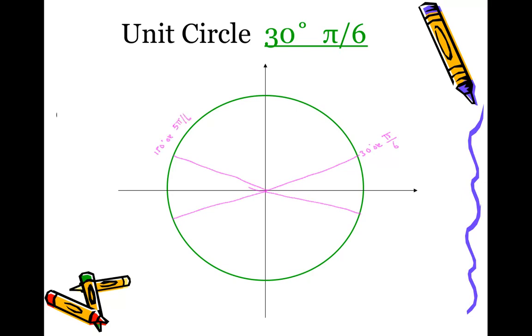These are all sixes. 30 degrees is a sixth. This is going to be 210 degrees or 7 pi over 6, right? It's 1/6 past half a circle. So 1/6 past pi is going to be 7 pi over 6. This is going to be 1/6 away from a full circle, so it's 330 degrees or 11 pi over 6.